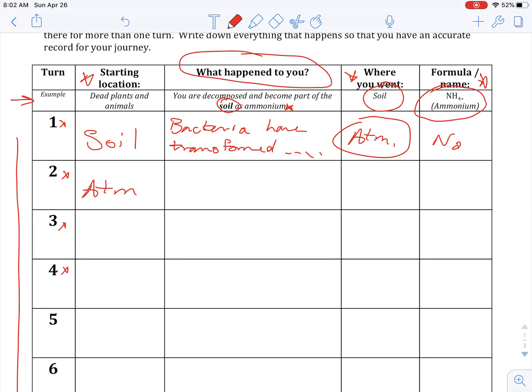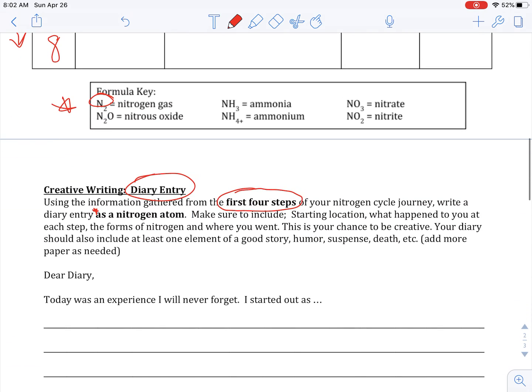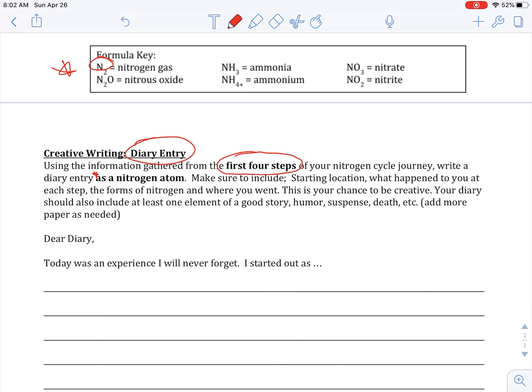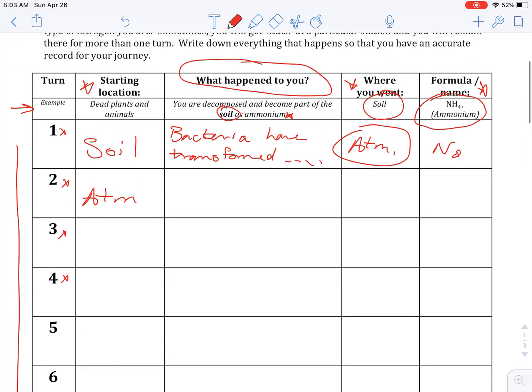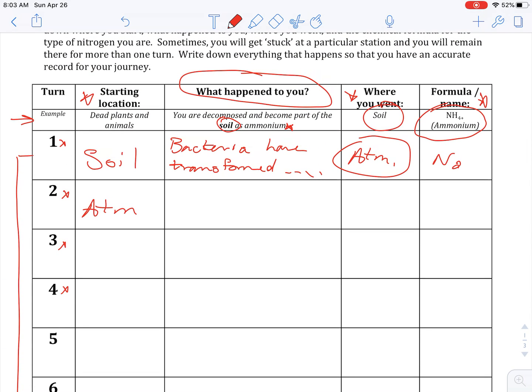You're going to write about all those steps, talking about your starting location. As you can see right here, make sure to include starting location, what happened. That's why it's so important for you to copy down word for word the forms of nitrogen, and where you went. Essentially, each one of these lines is going to turn into a sentence.